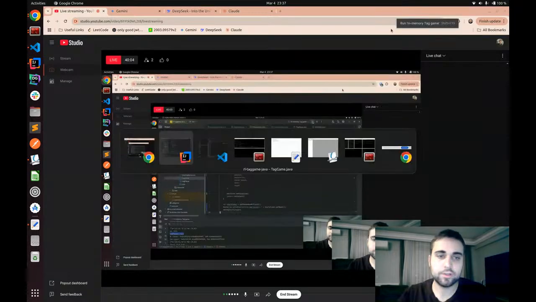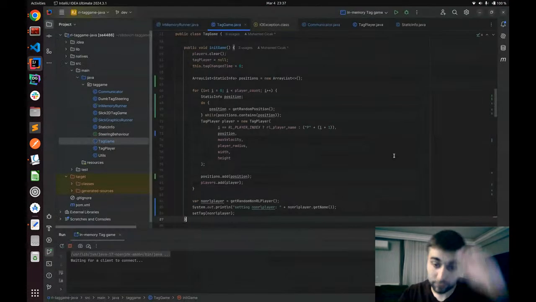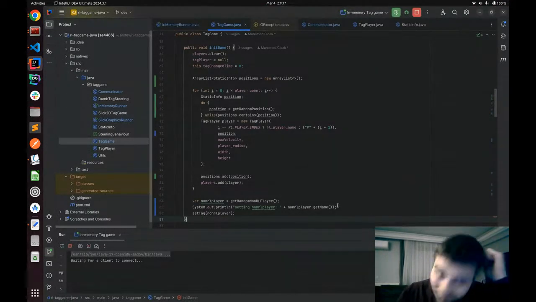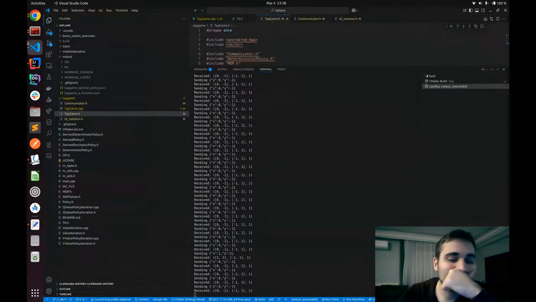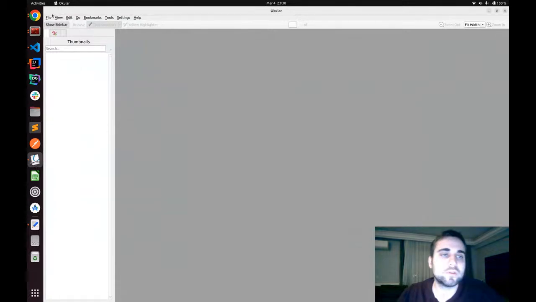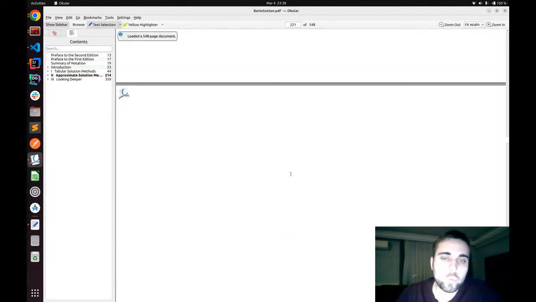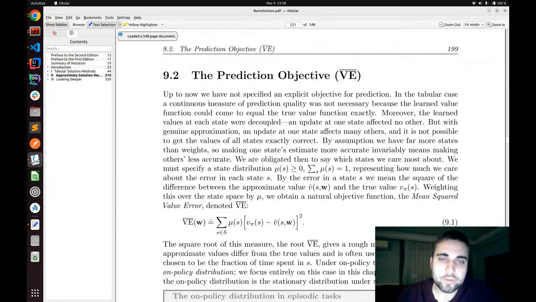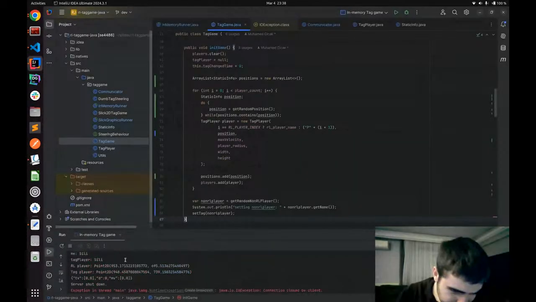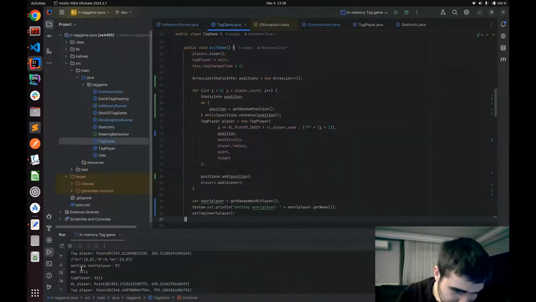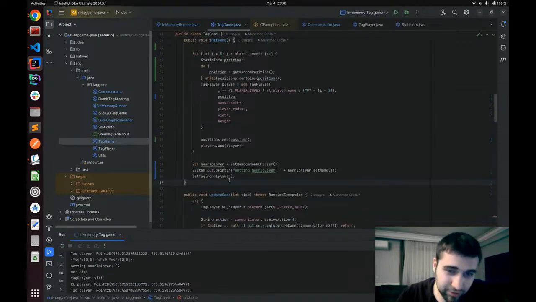Let's just see that real quick. Prediction objective. All right, perfect. So, setting non-RL player P2. That's correct. So does this not work?